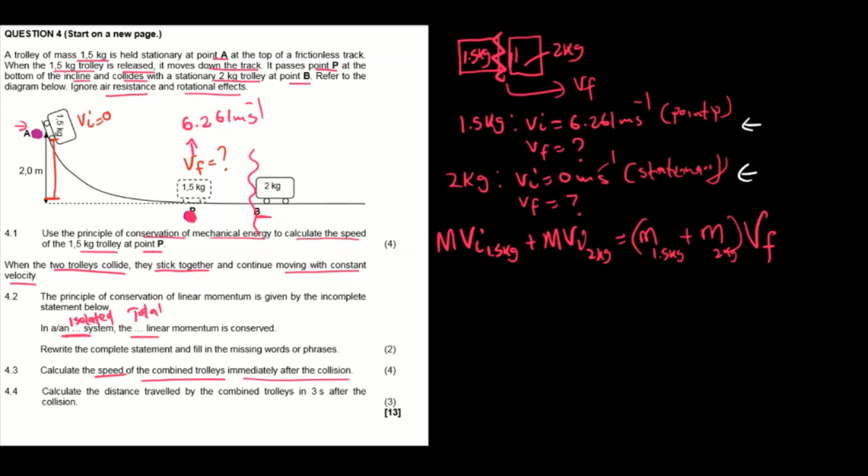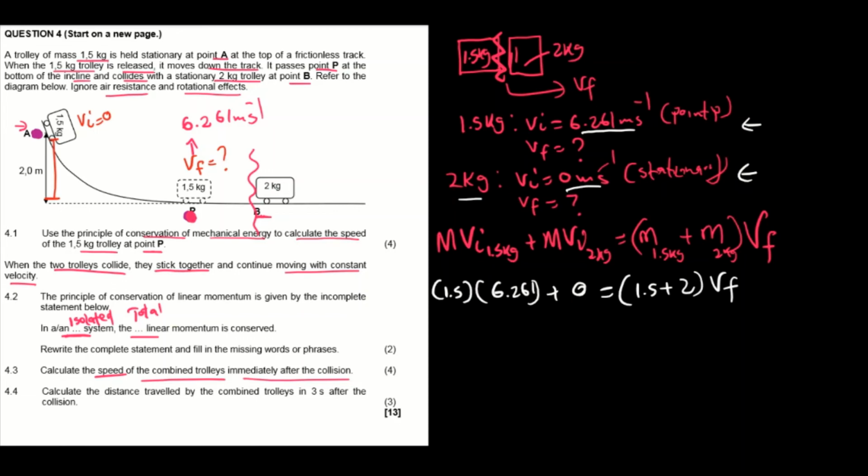So the mass is the 1.5 kilogram trolley. Its initial velocity, as I said, is 6.261, plus the 2 kg trolley, which has a 0 meters per second velocity, which means this is going to be 0, equals to the mass, which is 1.5 plus the 2 kg, and V final.